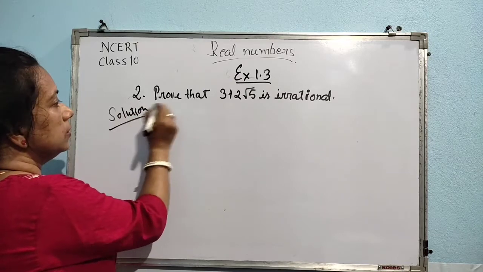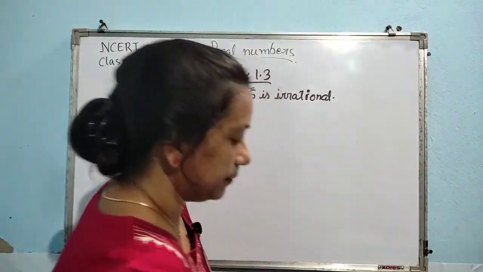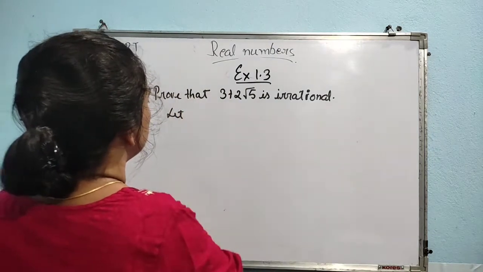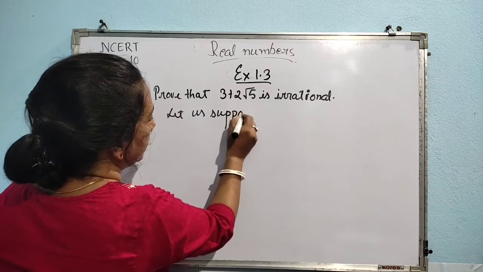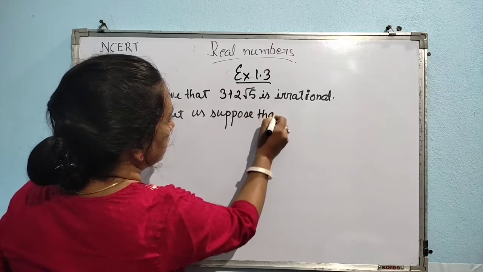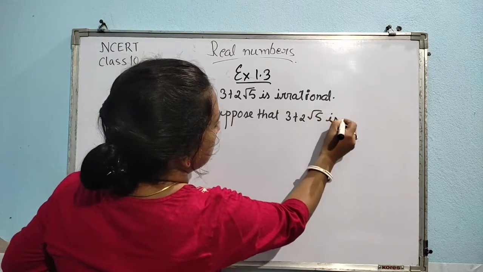Solution, let us suppose that 3 plus 2 root 5 is rational.